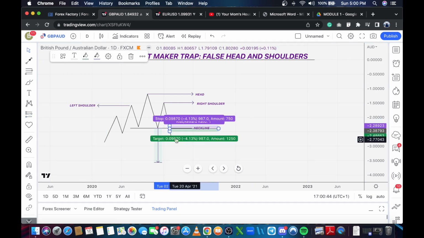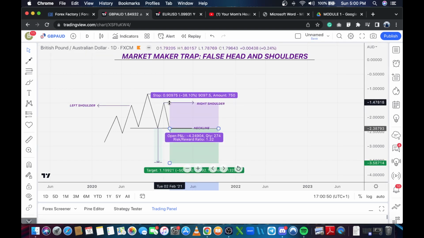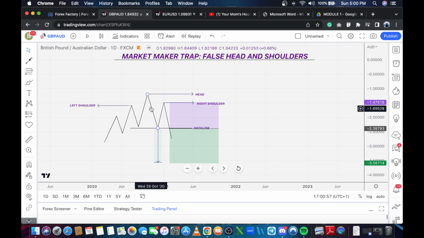Okay, and their target is going to be down there, and their stop a lot of times is just going to be at the right shoulder of the head and shoulders, and that's the trade you're looking for. And you're looking for a measured move from the head to the neckline or the right shoulder to the neckline, and they'll measure from the neckline and project it on the downside, and that's your target objective.